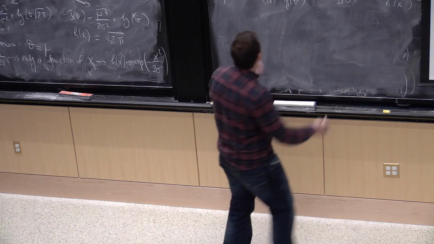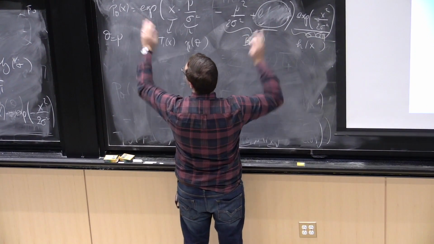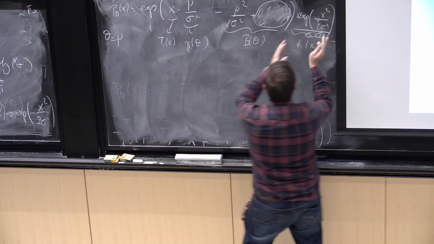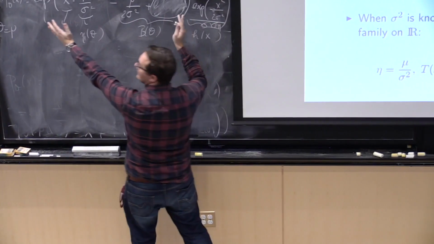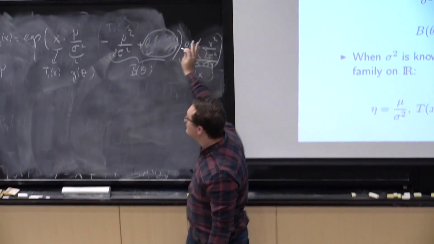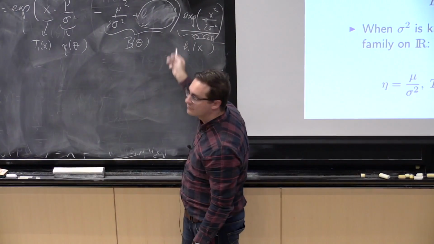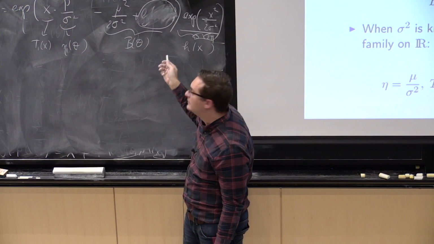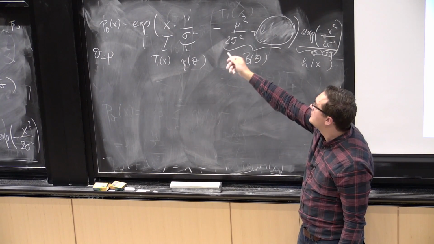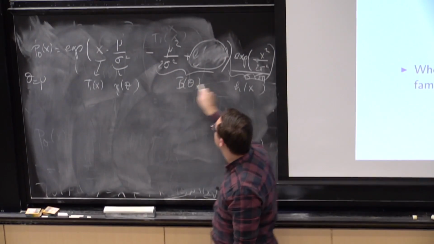And so this thing here is really telling you the density of my Gaussian with mean mu with respect to a centered Gaussian is this guy. That's what it means. If this thing ends up being a density, it just means that now you have a new measure, which is this density. So it's just saying that the density of the Gaussian with mean mu with respect to the Gaussian with mean 0 is just this thing here.